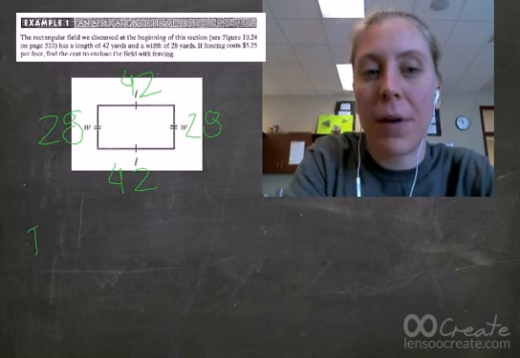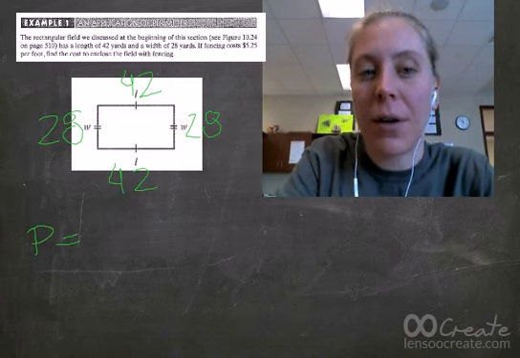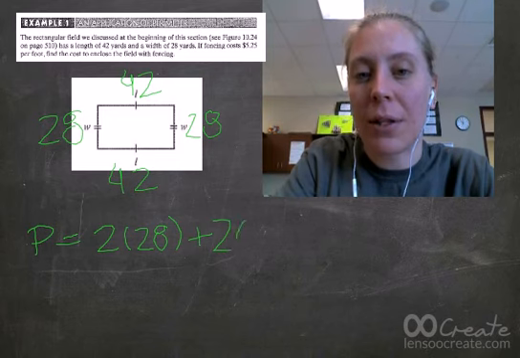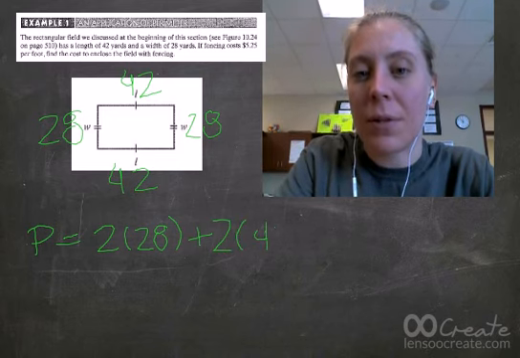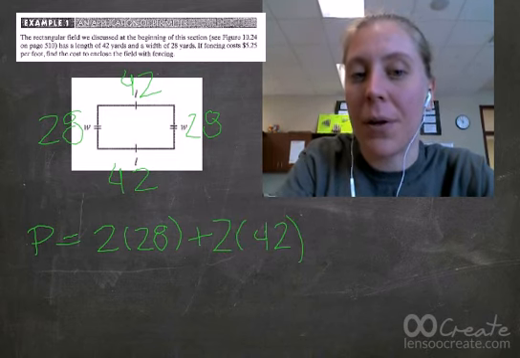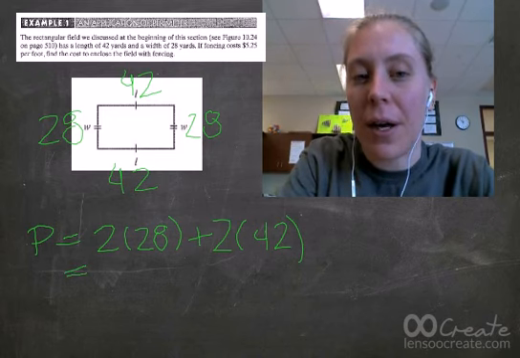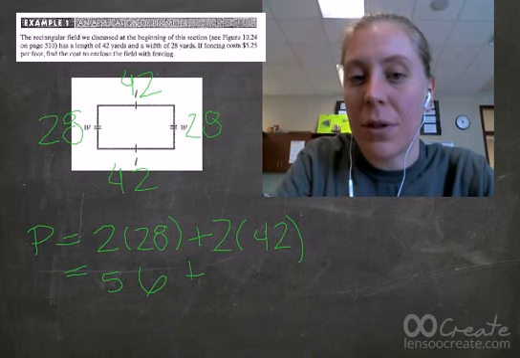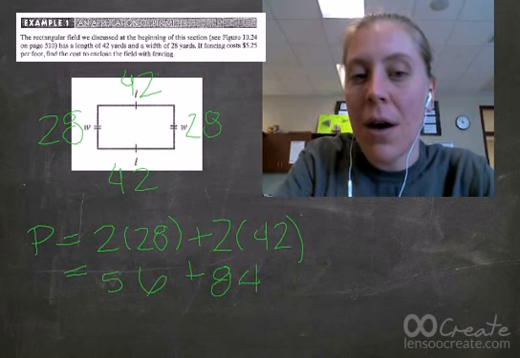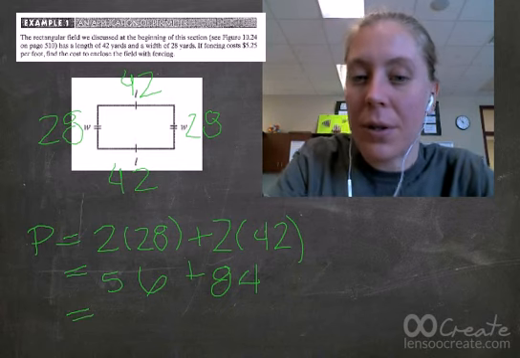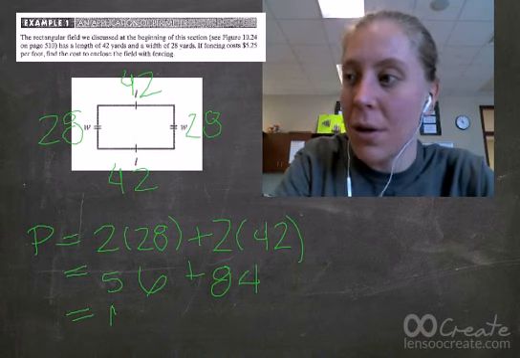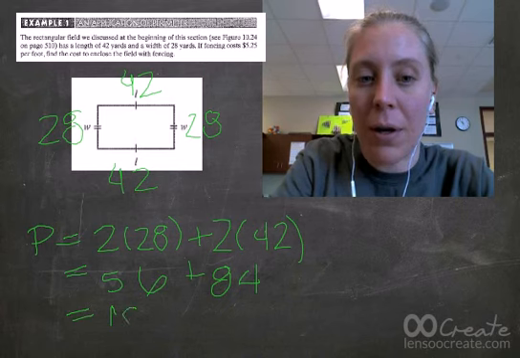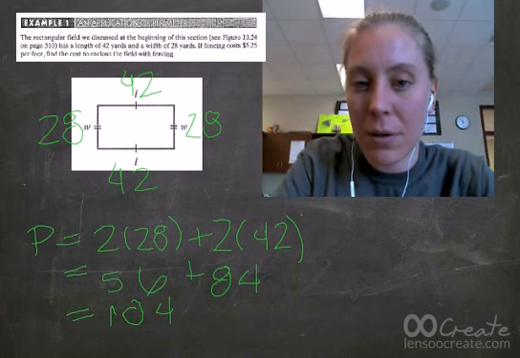So first I want to find the perimeter of this field. Since it's a rectangle, I know that my widths are the same and my lengths are the same, so I can set it up using that perimeter formula I just came up with. If I evaluate this out, 2 times 28 is 56, 2 times 42 is 84, and I'll find that the perimeter of this field is 104 yards.